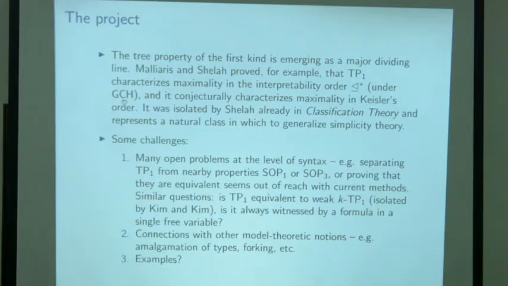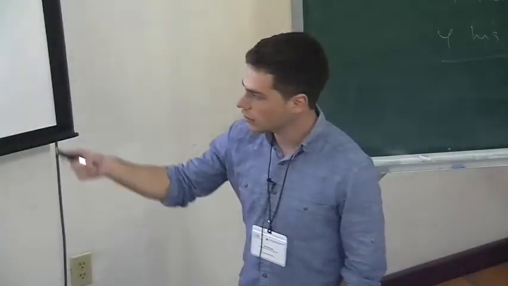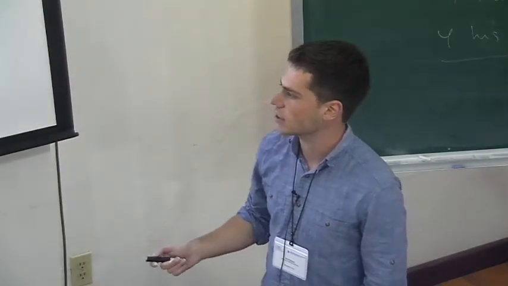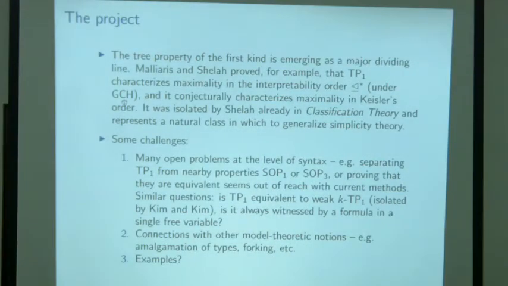If we want to think of looking at theories without the true property of the first kind as a generalization of simplicity, it should have something to say about forking or amalgamation of types. And nothing like that had been looked at. And third, we need a better stock of examples. So the plan for the talk is to talk about progress in each one of these 3 areas: some syntactic questions, amalgamation of types, and then finally how our work in amalgamation of types gives us a new stock of examples of new theories in this class.